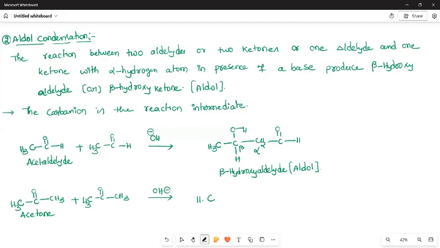There we will get CH3 COH CH3 CH2 C double bond O CH3. Here also this is the carbonyl group, the adjacent carbon is alpha and the next carbon is beta. Same, beta hydroxy ketone. Perhaps this may be called ketol.